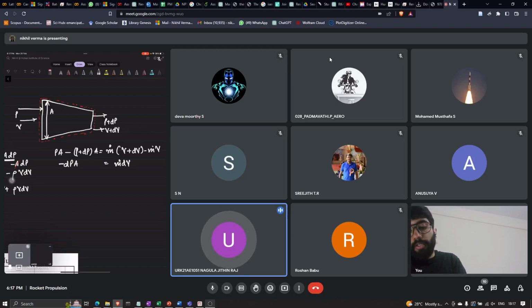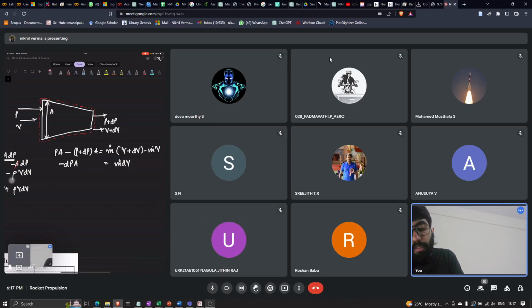You can understand it in this way. The pressure that is felt on the surface will be in this direction. What we are saying here is that the pressure is always normal to the surface. So this is P plus dP, and the velocity is in this direction.